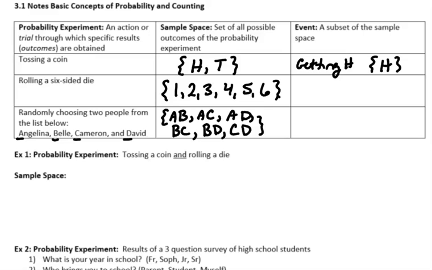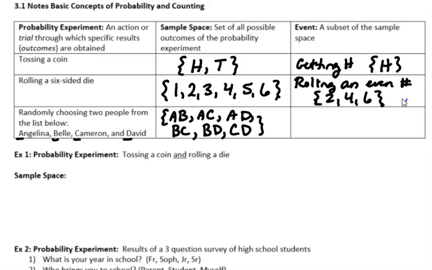For my next one, it might be rolling an even number, in which case my event space here would be 2, 4, and 6. The first one's known as a simple event because there's just one possible way to get it. The second one is not a simple event because there are 3 possible ways for that event to occur.